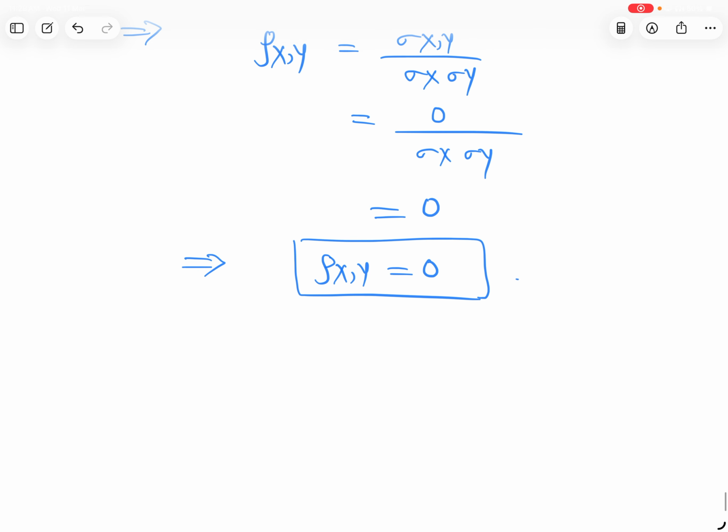Because E(XY), what is it, tell me. Integral of XY f dx. Okay, so you can prove it yourself because it's proof.